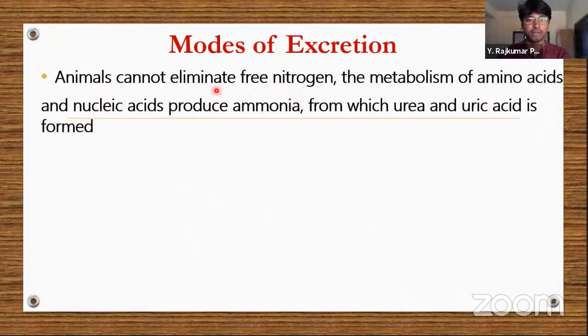So instead of excreting the nitrogen in the free form, we are converting the nitrogen into ammonia. Right? This ammonia is further converted into urea and uric acid. Okay, and animals eliminate these substances in the form of ammonia, urea, and uric acid. These are the primary products that we use for the elimination of nitrogenous waste.